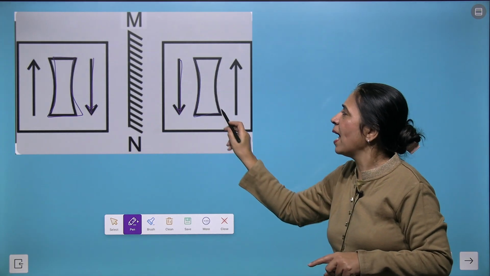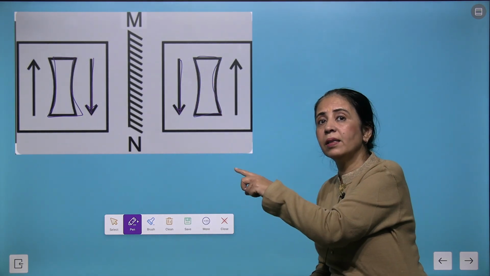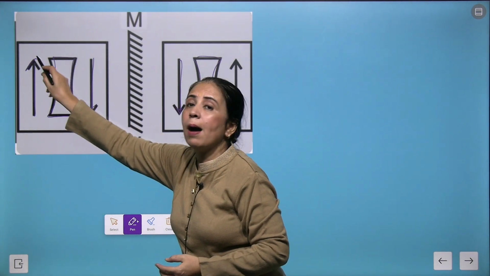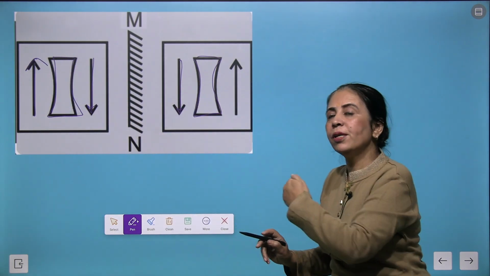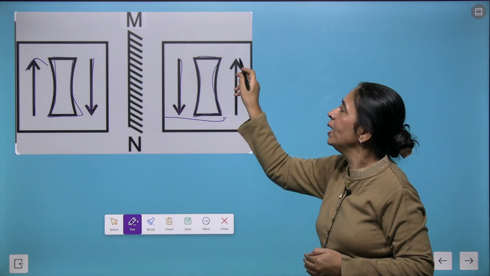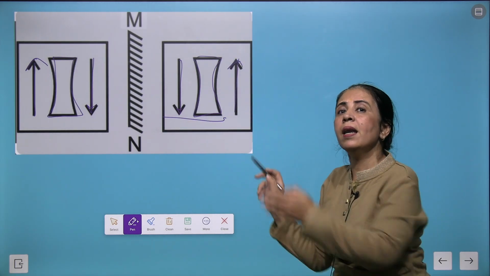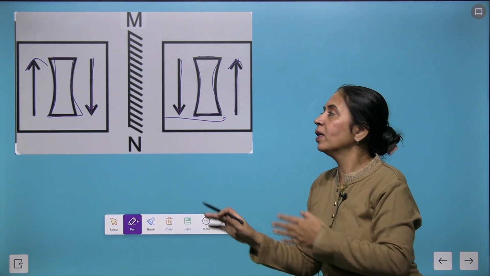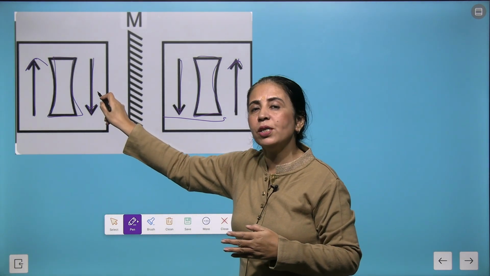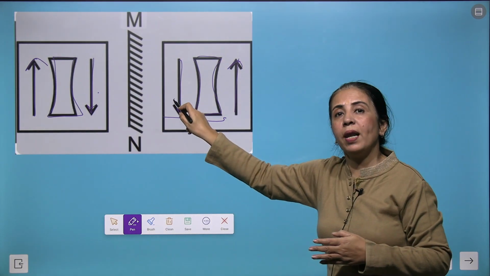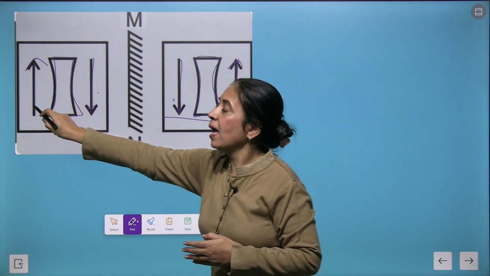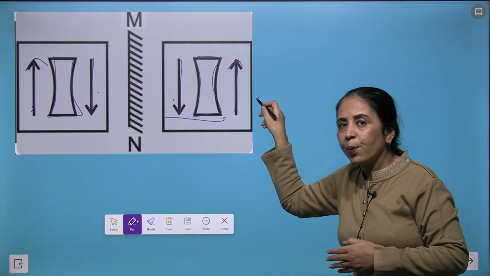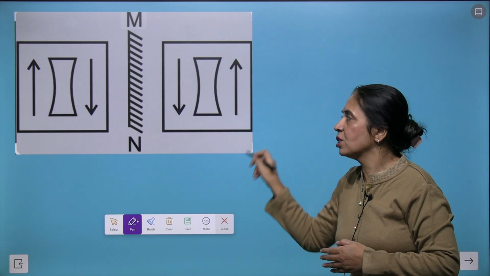It remains as it is, and another arrow which is far away in the upward direction, it remains at equal distance and in upward direction. Understood? So laterally inverted means the thing which is right over here turns to left over here, and the arrow which was on the left appears on the right in this image.